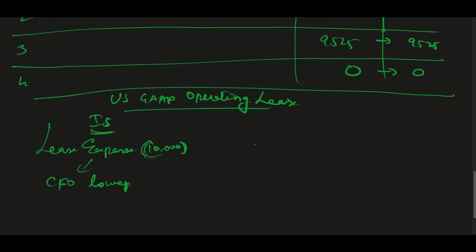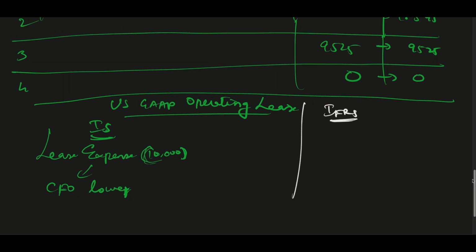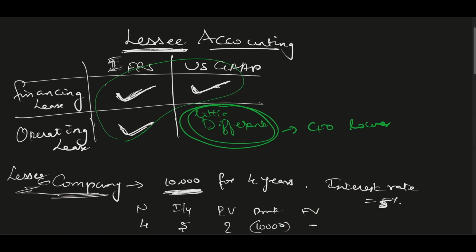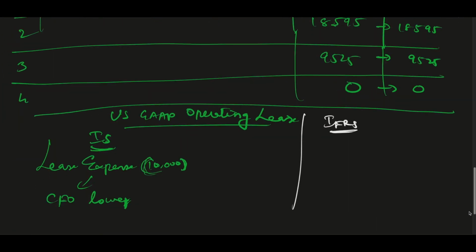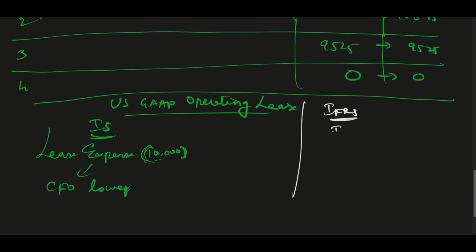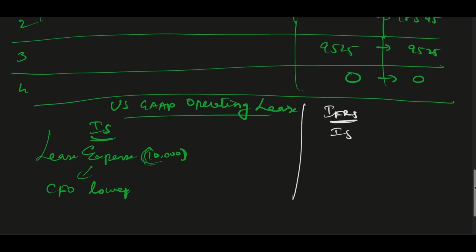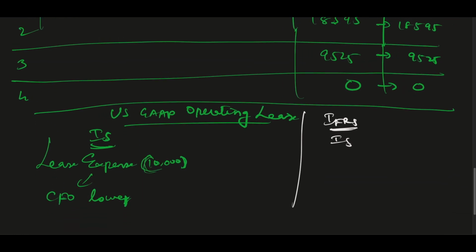Now how I show the income statement for IFRS is, and by IFRS I'm speaking about all the rest of them. Under the income statement, I will show amortization, which is 8865.